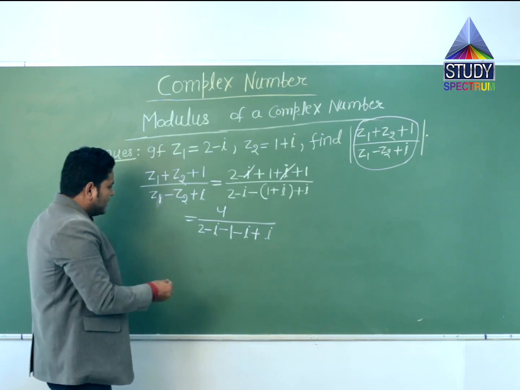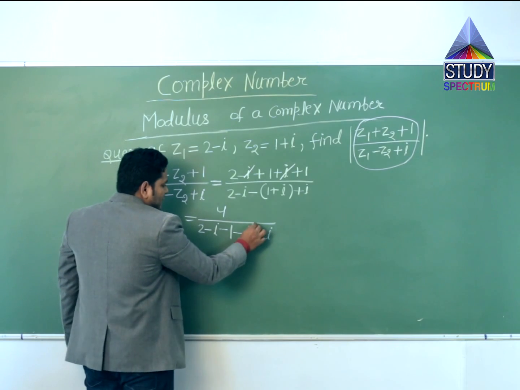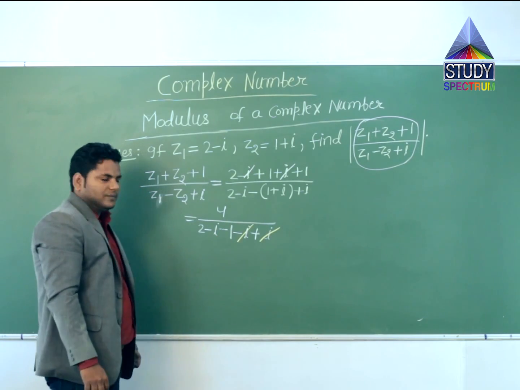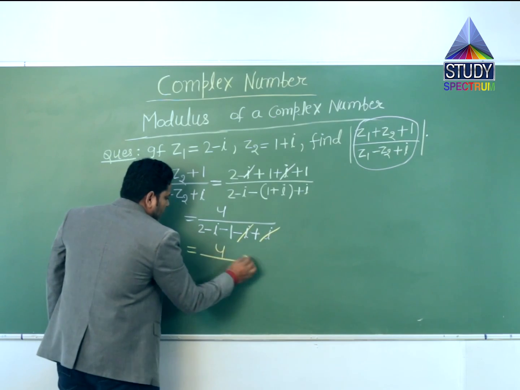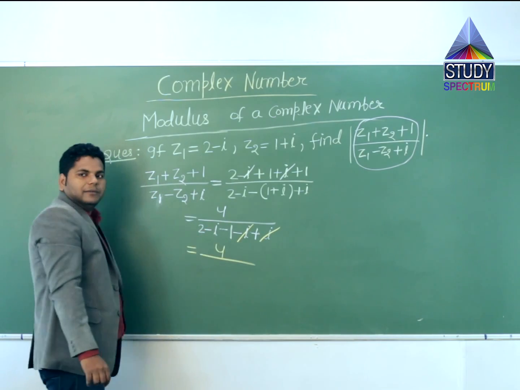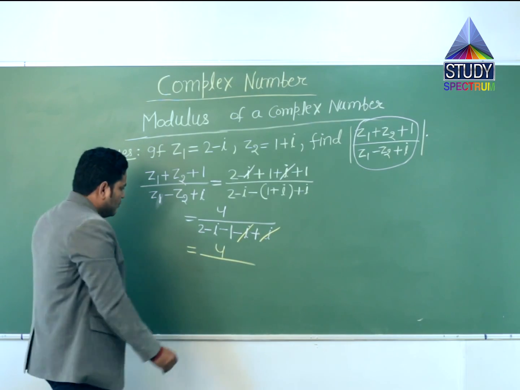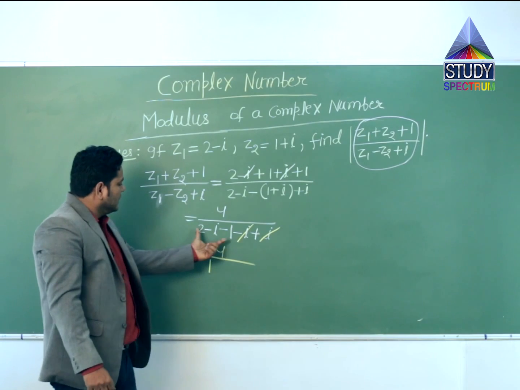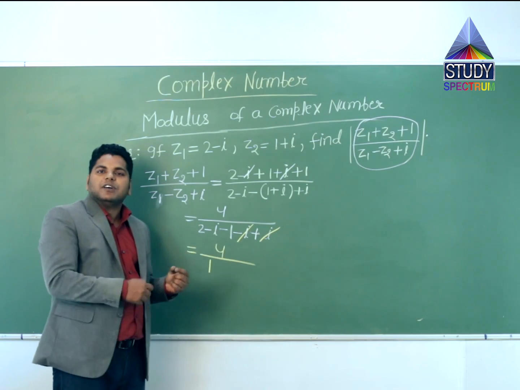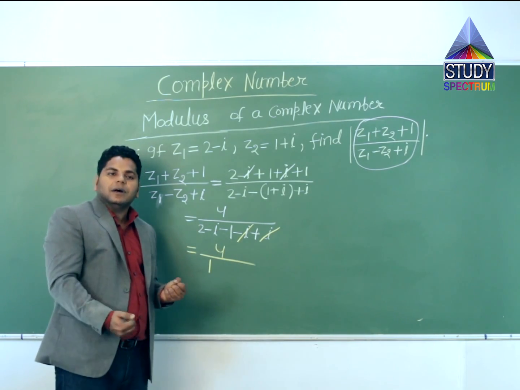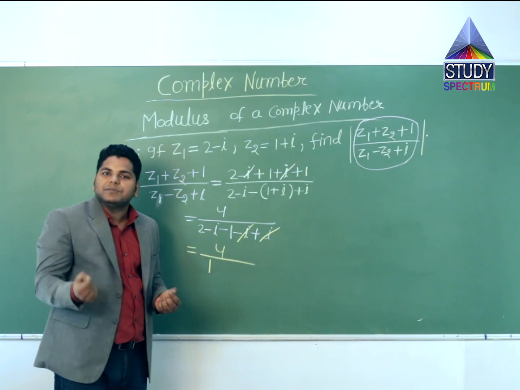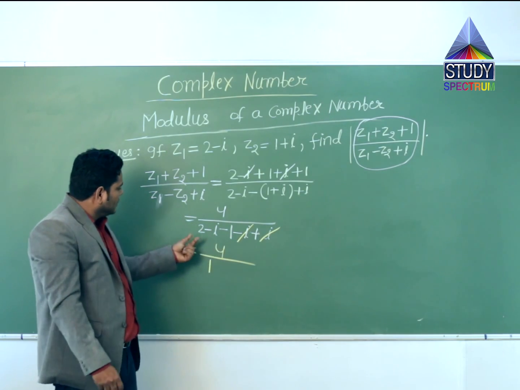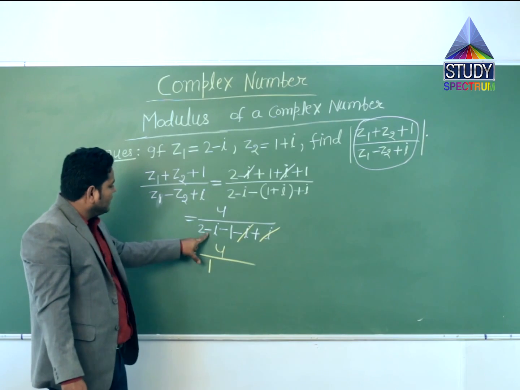So this minus i and this plus i will cancel out. Got it? So you are left with 4 upon 2 minus 1. Yes, 2 minus 1 is 1, because we have already discussed that we add or subtract terms without i with terms without i, and terms with i with terms with i. So 2 minus 1 is 1 and minus i is there.